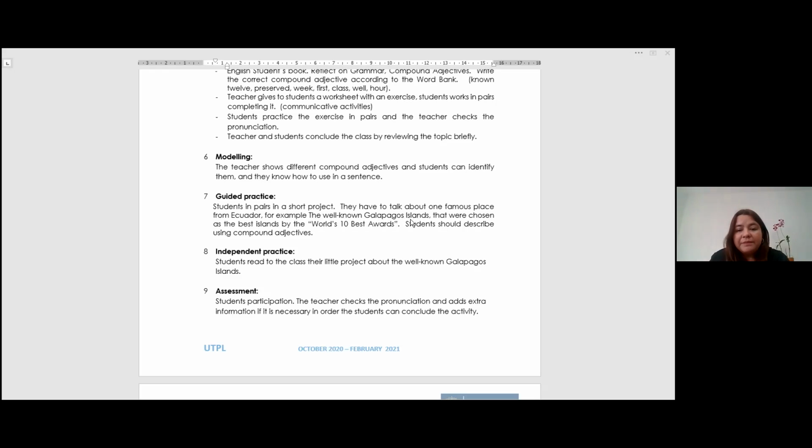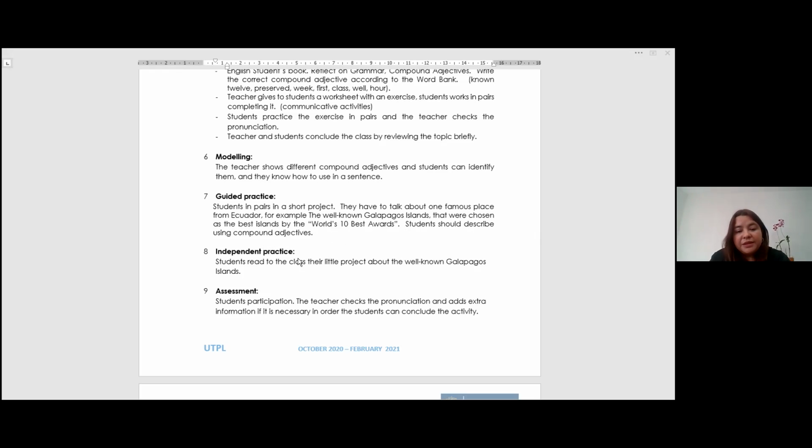The well-known Galapagos Islands were chosen as the best islands in the World's 2010 Best Awards. Students should describe using compound adjectives. So they have to work on this project. They can work in pairs.